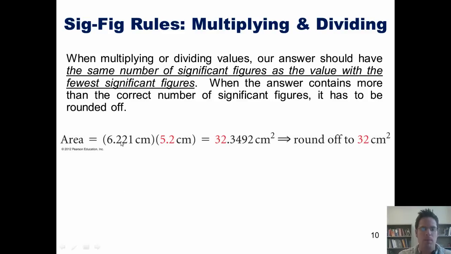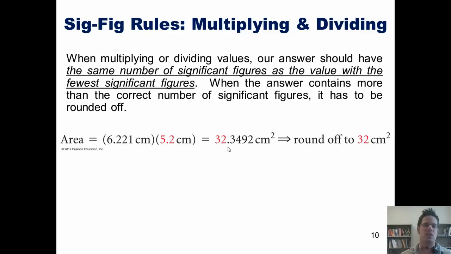So here I've got a problem where I'm multiplying two values together, 6.221 by 5.2, and I get this final answer in my calculator. So the question is, how many significant figures do I have to express in my final value? Because this is a multiplication operation, I have to follow the rule for multiplication, which is the same as the rule for division.